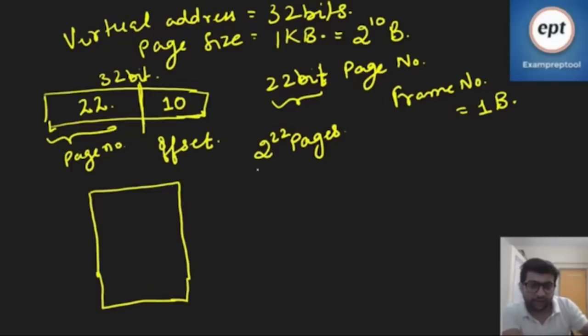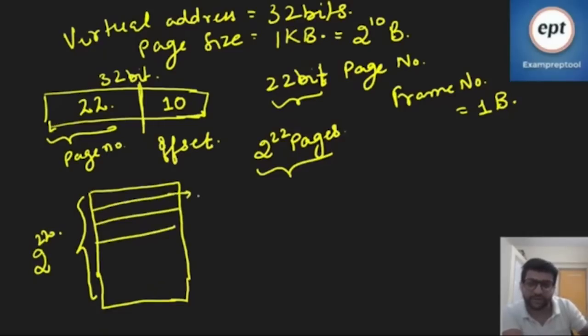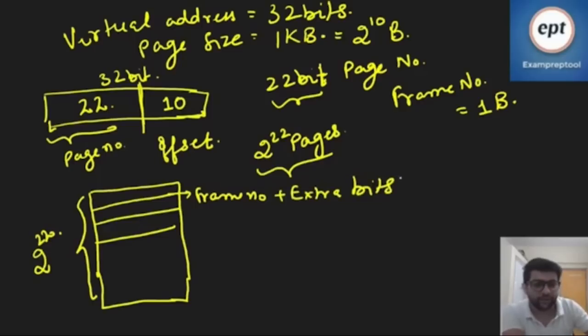And since there are 2 power 22 pages, the number of entries in this particular page table will be equal to 2 power 22, right? And in every entry we have the frame number plus some extra bits, and I'm assuming here that this is equal to 1 byte. So what will be the size of the page table?